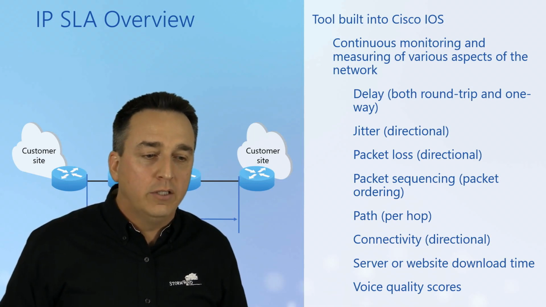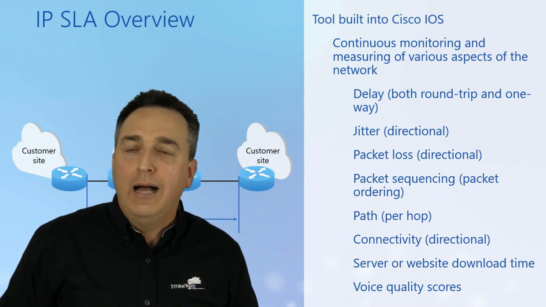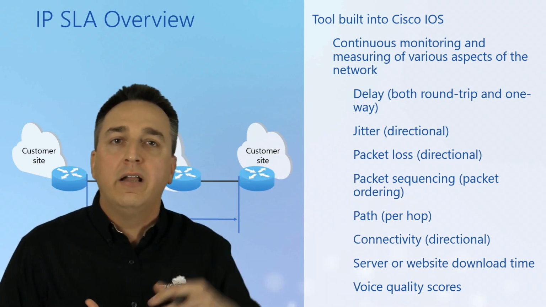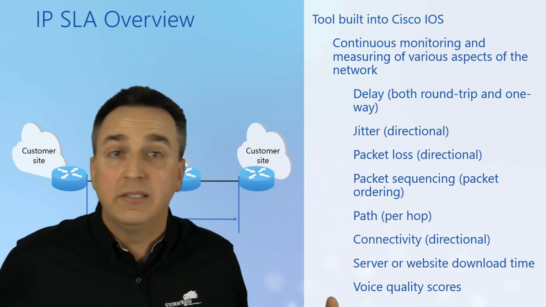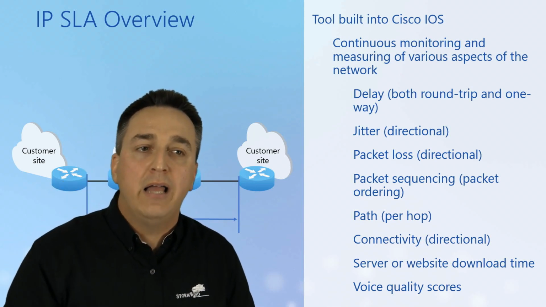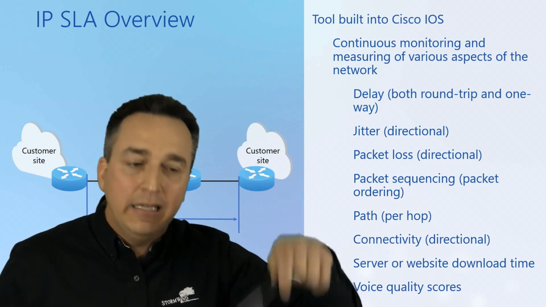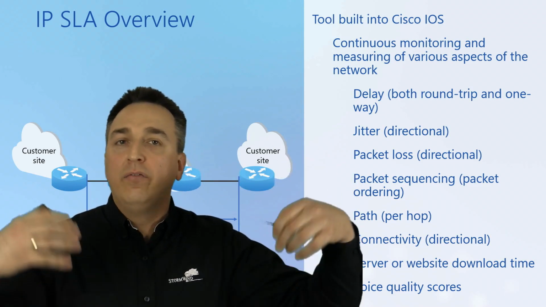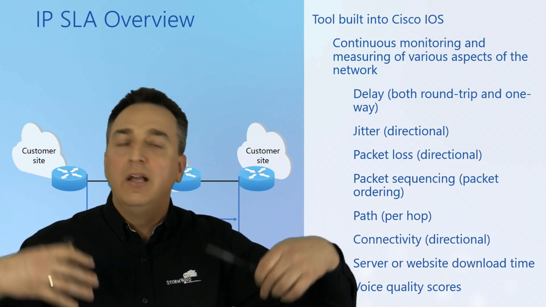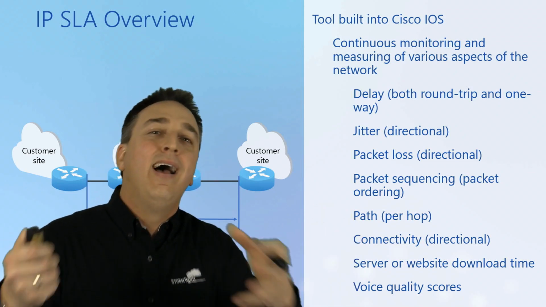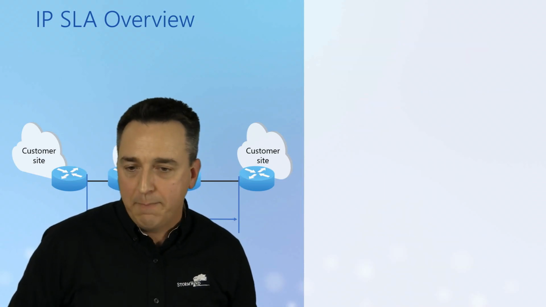But the end result is that if you want to identify if a particular destination is reachable, and if not, use a backup path, IPSLA can help you do that. If you want to know if your service provider is actually giving you the bandwidth, the delay, the jitter, the packet loss, and everything else that goes along with that for the MPLS network you're paying for, IPSLA can help you with that.